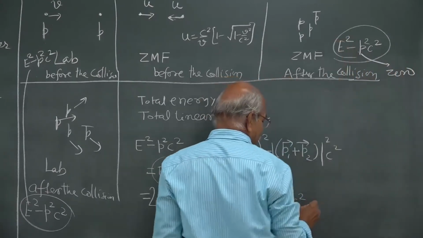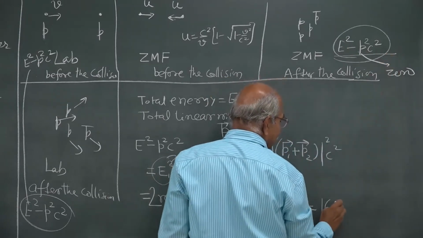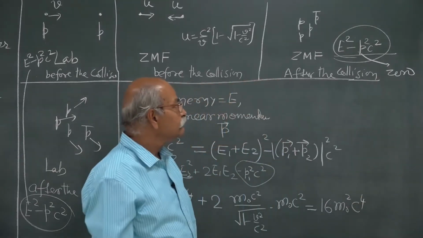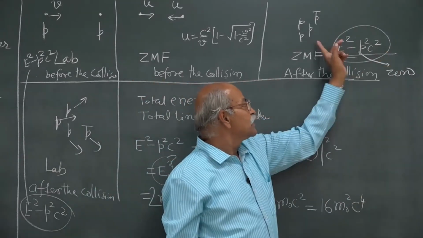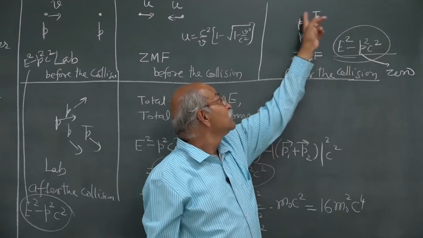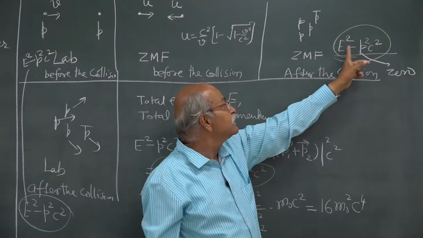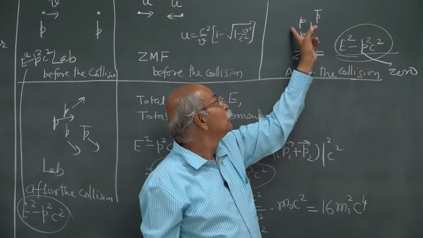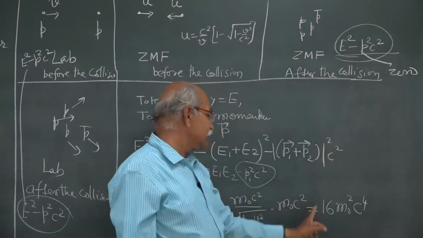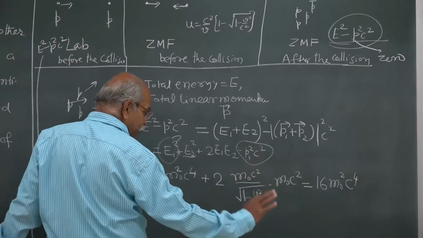So, it is just E square, and hence this whole quantity is 16 times M0 square C4, right. I am writing this quantity, P is 0, none of these 4 particles is moving, and therefore this P is 0, and hence E is simply 4 times M0 C square, and E square is 16 times M0 square C4. And now you can do the algebra very simply.